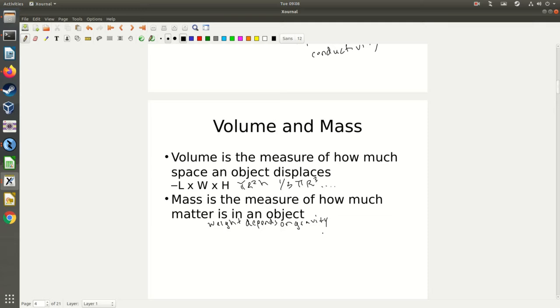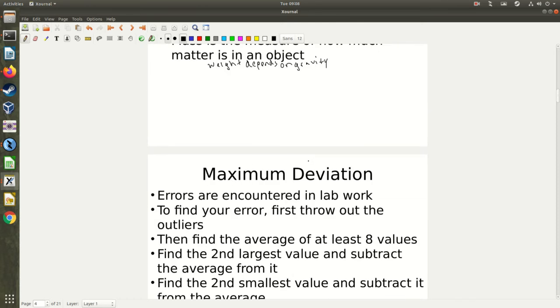You can't step on a scale in the International Space Station, but you still have mass because you still exist. And so weight depends on the strength of the gravitational field at that location. And if you recall, you would use an inertial balance to actually find your weight if you were on the International Space Station. So, you will, I think, have at least one question that deals with volume and mass.